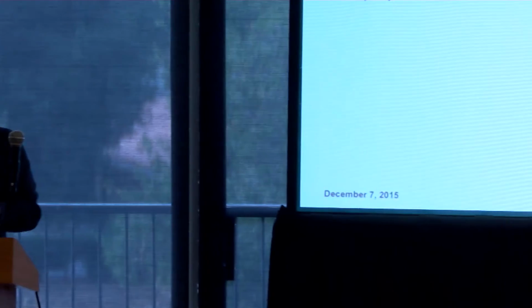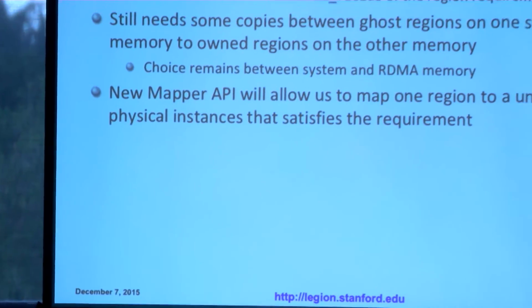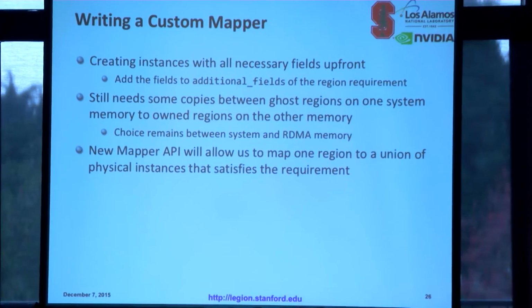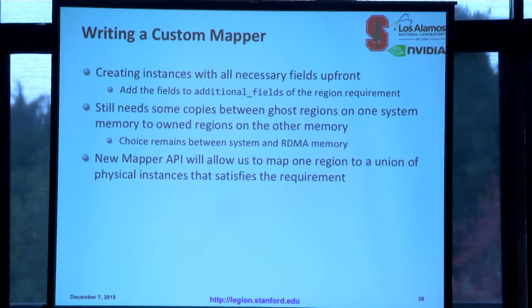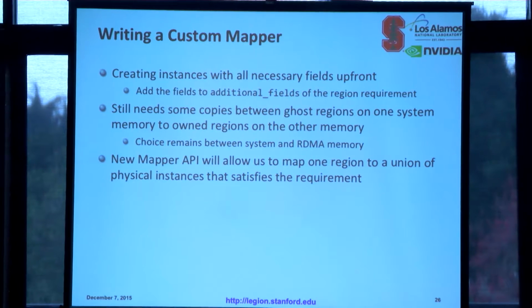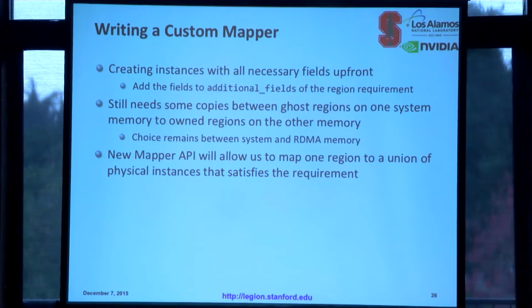So we decided to create a new mapper that adds all the necessary fields to the instance when it's first created. But it still needs to make some copies between the instances when you run mini-arrow on multiple nodes and you access the ghost region from one node from the other.